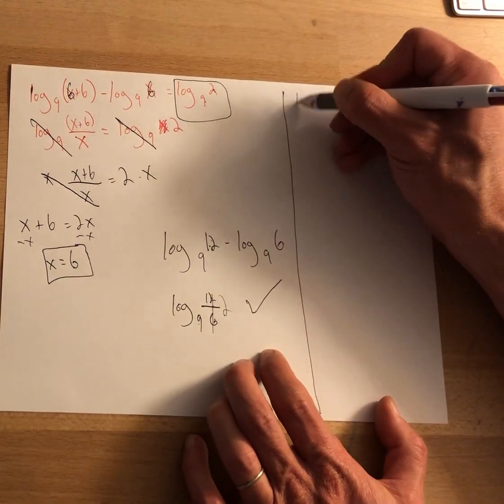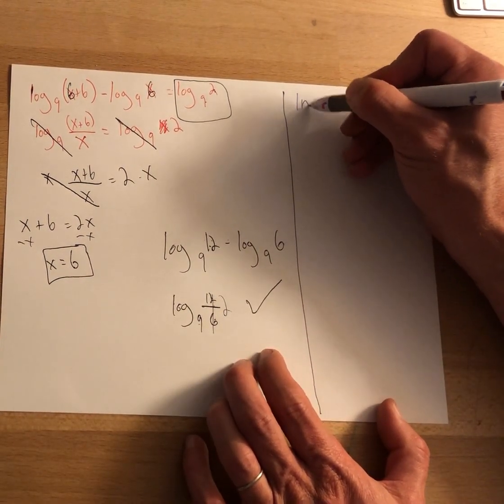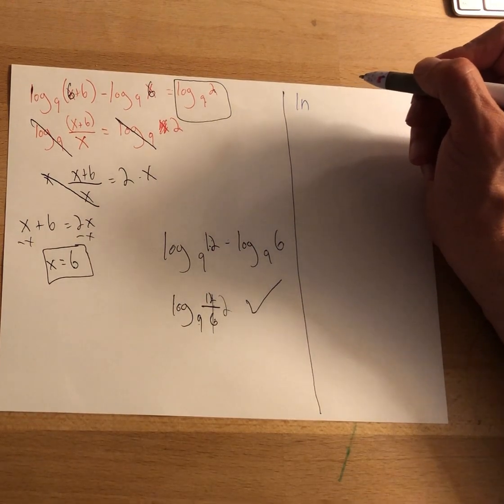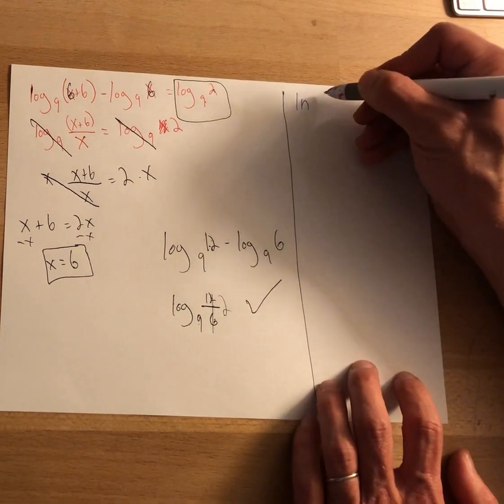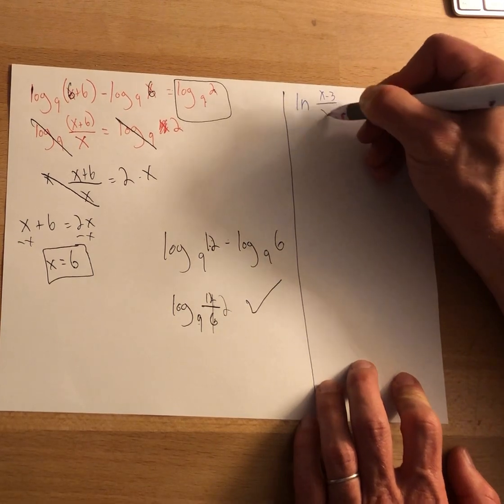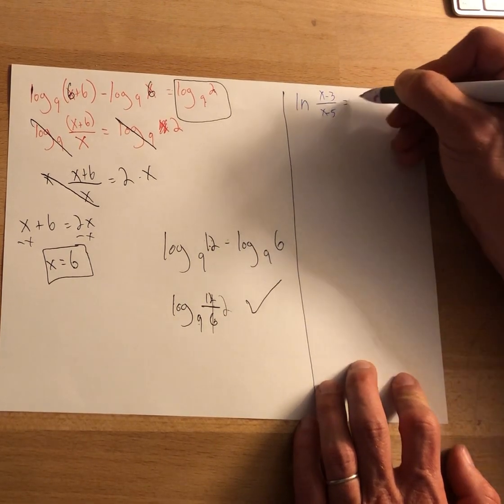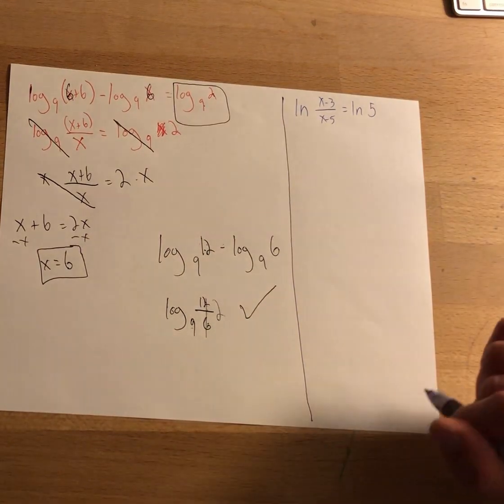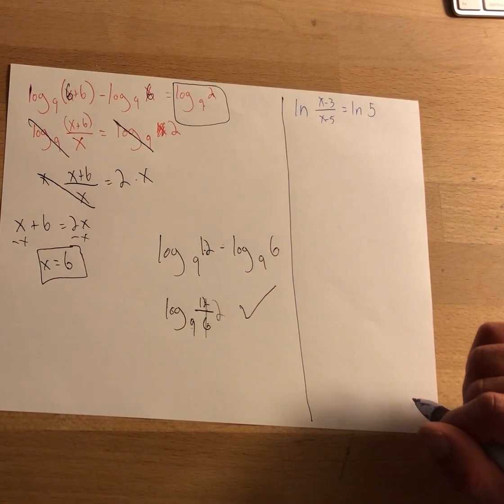Okay, for the next example, I have natural log of x minus 3 minus natural log of x minus 5, so I have natural log of x minus 3 over x minus 5 equals natural log of 5. All right. Well, let's see if you know how to solve this.